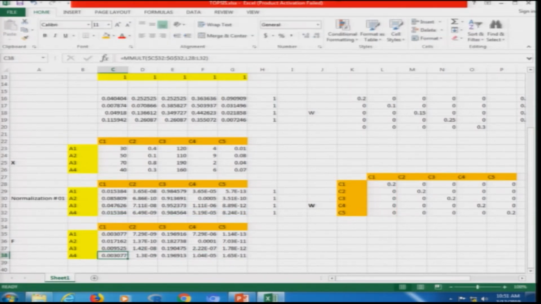Okay. Now, these F values are obtained, which is the multiplication of each and every normalized vector, which was basically R, into the weights, which is W. So, normalized vector, let me put the name also, so it is easy.